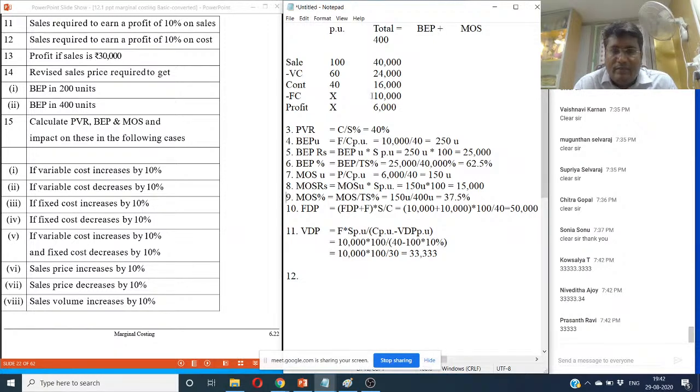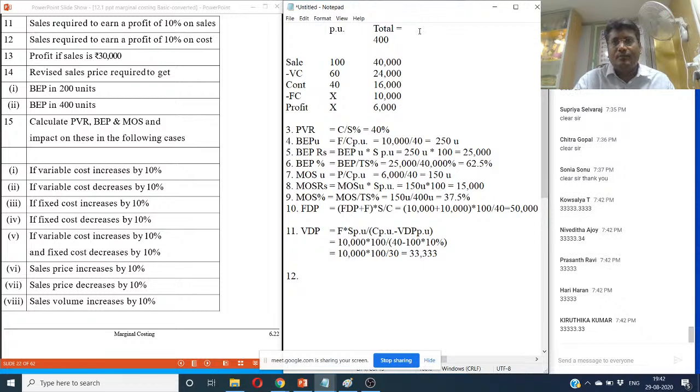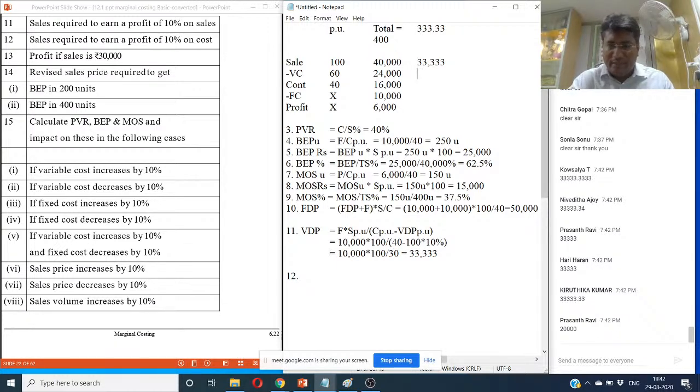Can we verify this? For verification, I take 333.33 units. What will the sales be? At 100 rupees per unit, 333.33 units gives 33,333. What should the variable cost be? 60% on this. 60% of 33,333 gives about 20,000; you can round off to the nearest number.